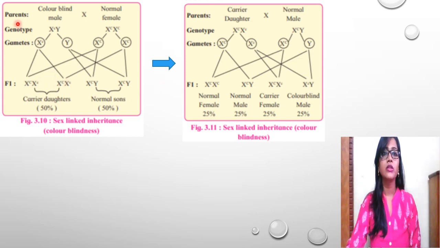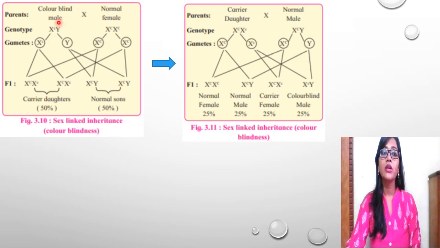These are the parents, a color blind male, X^c Y. This male is color blind, meaning the X chromosome of that male carries the recessive gene, small c. So the genotype is X chromosome with small c and Y chromosome.